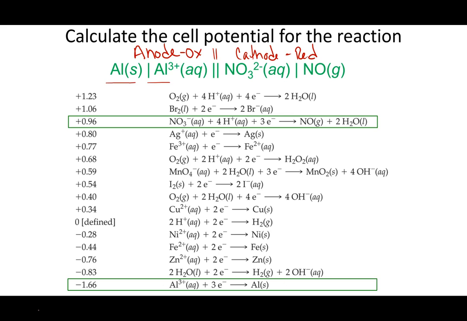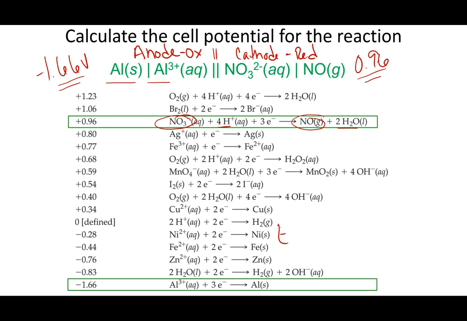So the potential for aluminum is negative 1.66 volts. Potential for nitrate. It's a little bit harder to see because we've got those hydrogens in there that helped us with balancing. But here we see the nitrate becoming NO, and we see that the potential is 0.96. So again, the lower number is the anode, the higher number is the cathode.